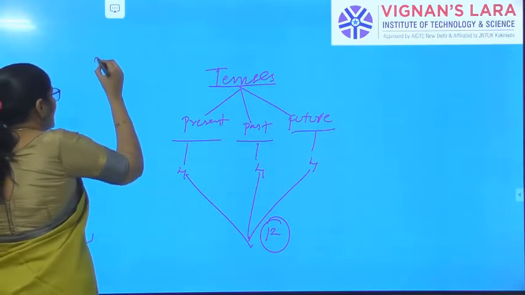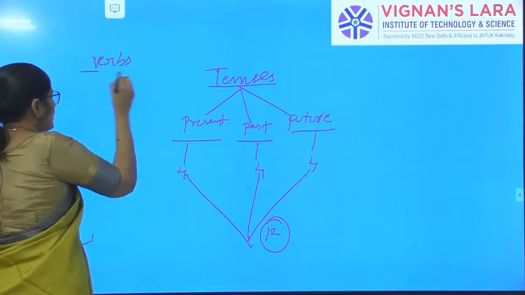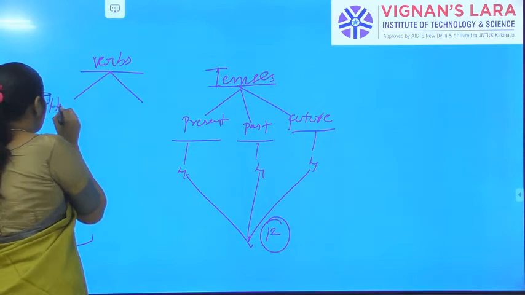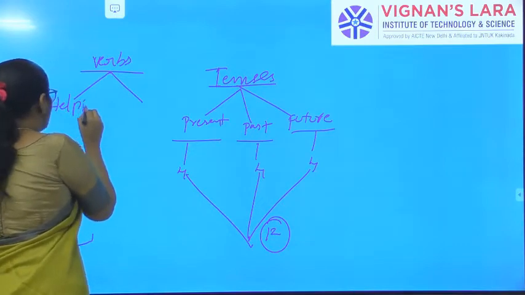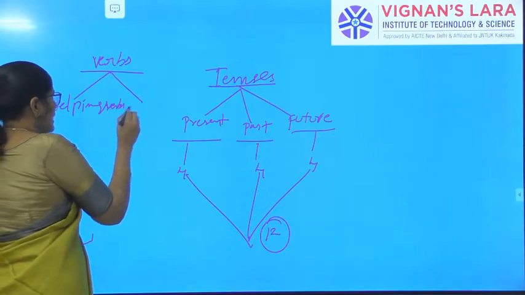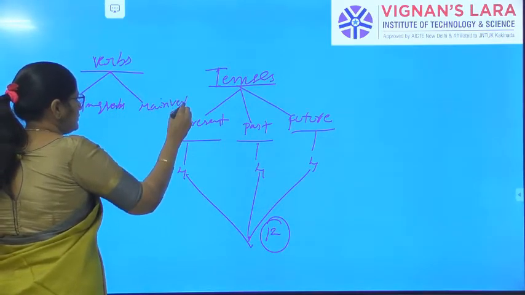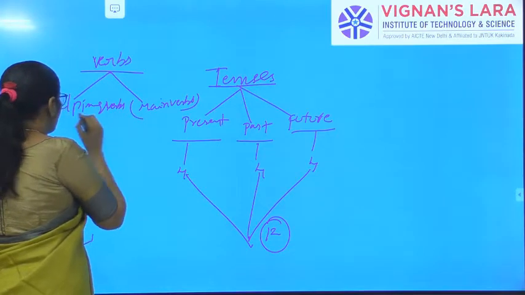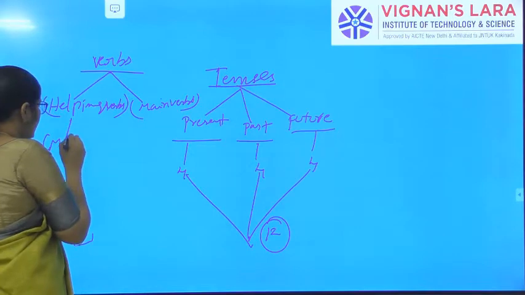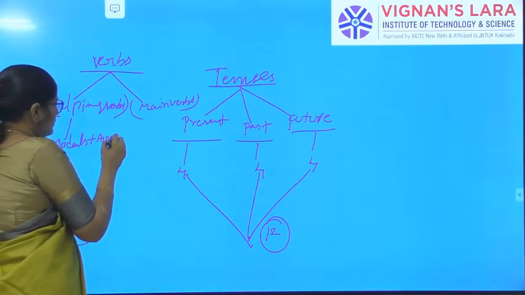Verbs we have of two types: helping verbs, which we can also call modals, and main verbs. Helping verbs we can call modals plus auxiliaries.